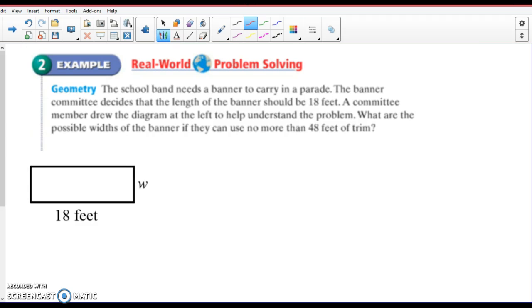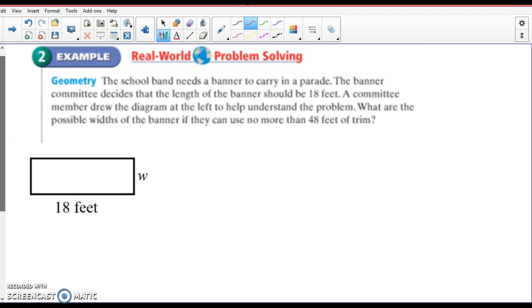Let's try this one. The school band needs a banner to carry in a parade. The banner committee decides that the length of the banner should be 18 feet. A committee member drew the diagram at the left to help understand the problem.